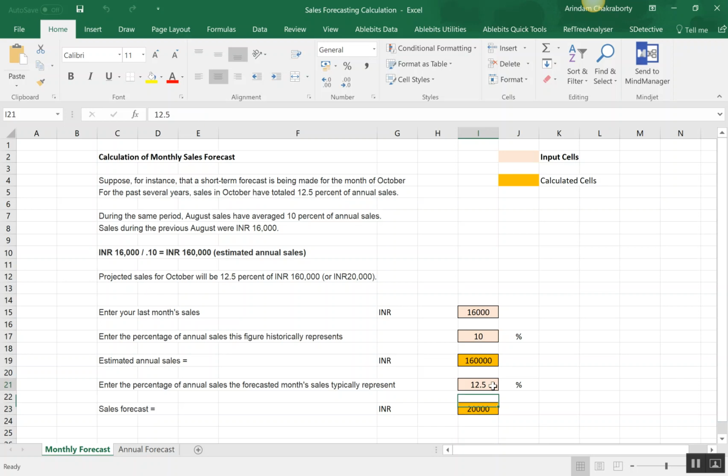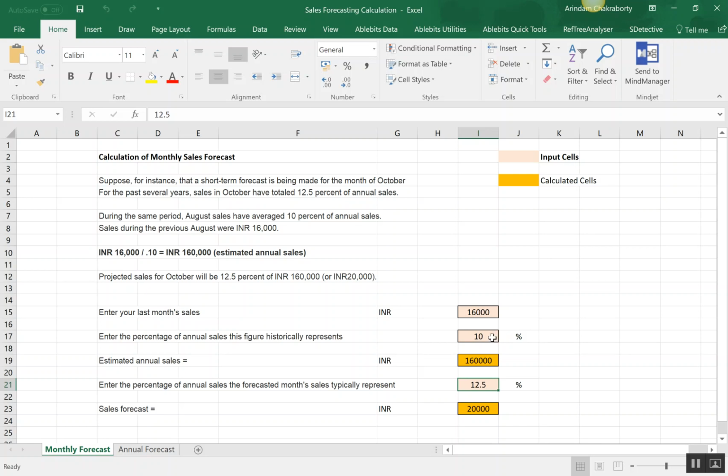This 12.5% is based on the trend that has come up over the years, because maybe in that month of October there may be some sort of a festival or something like that, for which the sales is roughly 2.5% higher than the August time period.